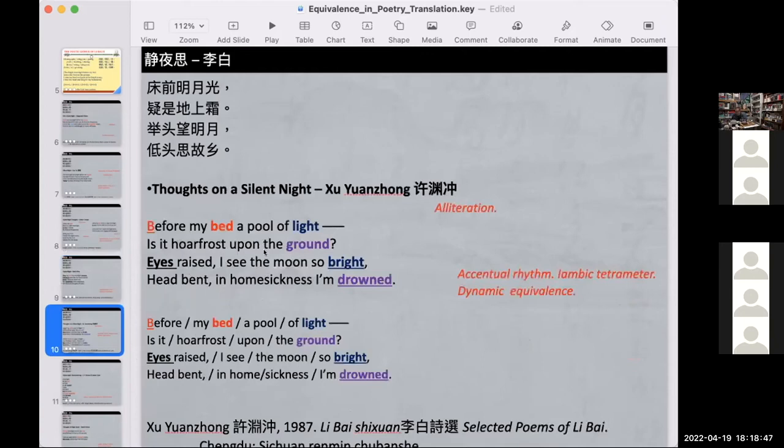Is it hoarfrost upon the ground? Eyes raised, you know, I see the moon so bright, head bent, in homesickness, I'm drowned. You can feel that he kept this "drowned" to use it as an end rhyme. So you can see right away that this is not natural English.